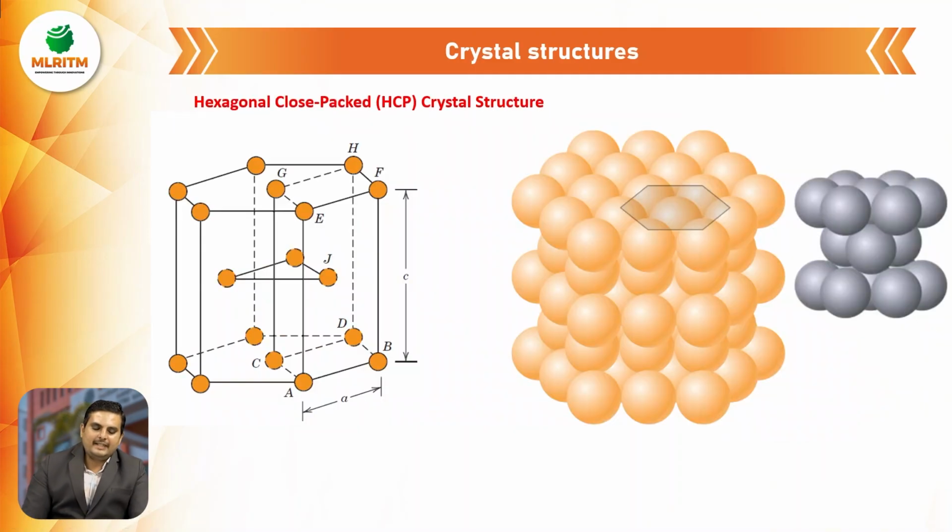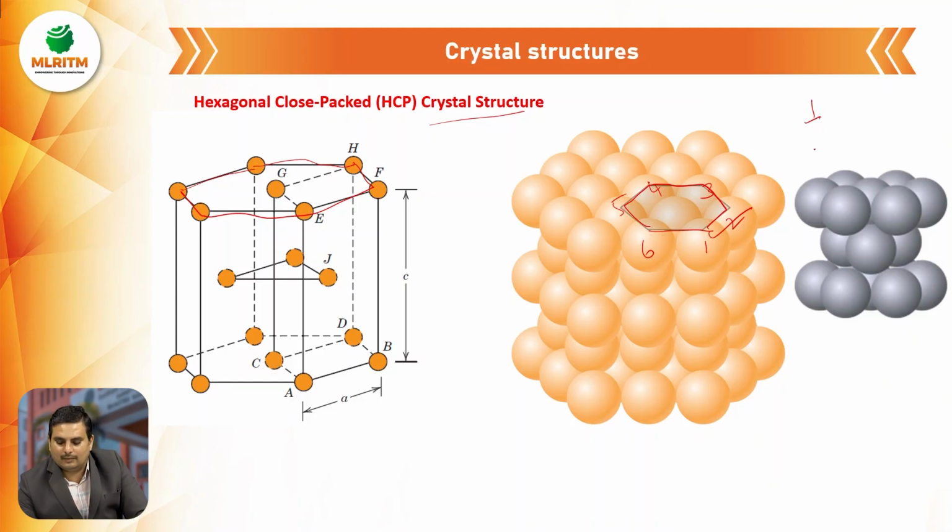Next comes the hexagonal close packed crystal structure, where you see here, this is in the shape of a hexagon. If you join these 6 atoms, it has a hexagon shape. You can even observe here, it is written hexagon shape. It means 1, 2, 3, 4, 5, 6 atoms, each atom occupying 1/6 portion.